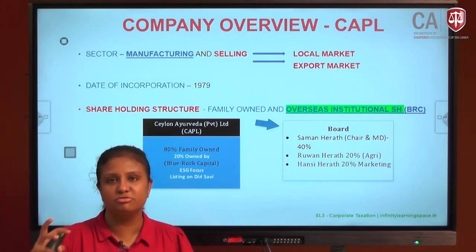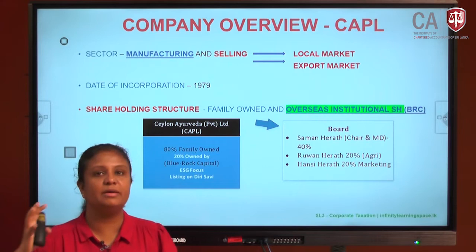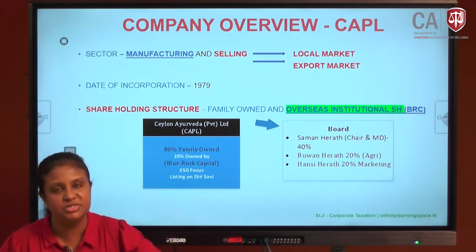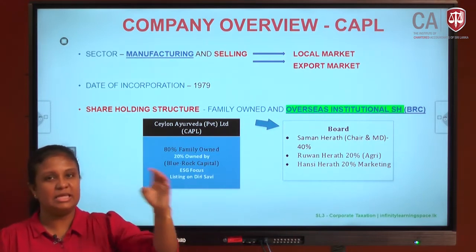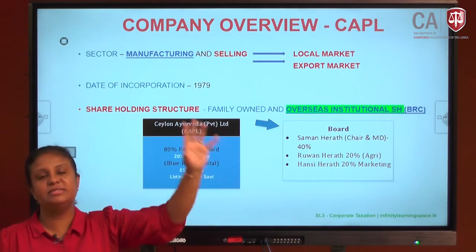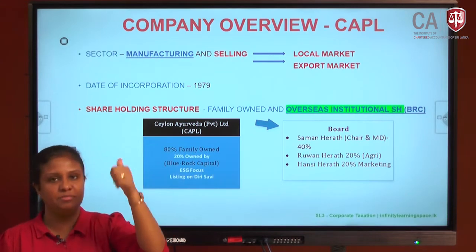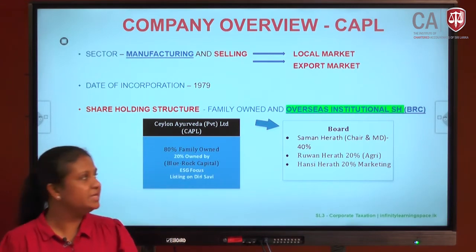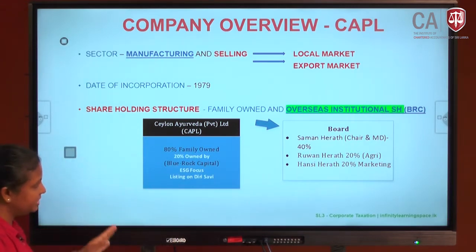Who is this Blue Rock Capital? Blue Rock Capital is the institutional shareholder. Is it a local one? No. It is an international or foreign institutional shareholder, being a non-resident person. This is the shareholding structure.